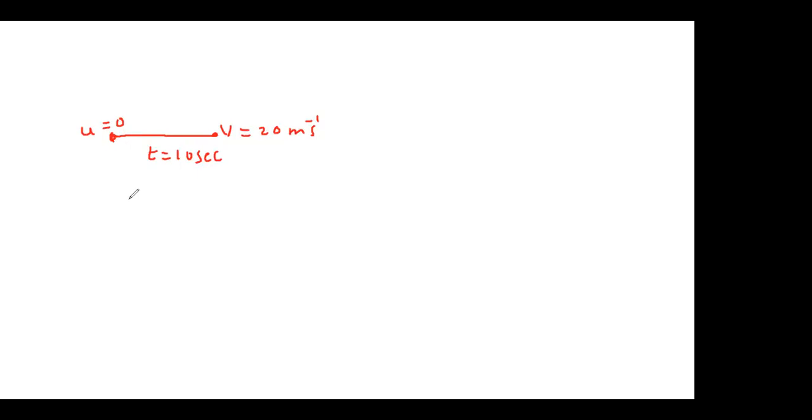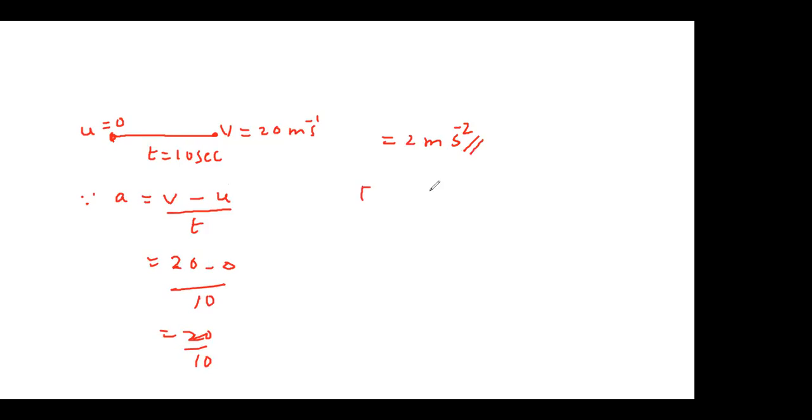Yes. First we remember the definition: acceleration is change in velocity per unit time. V we got 20, start was 0, but this is for only 10 seconds. Therefore it is 20 upon 10, equals 2 meter per second square. So I got acceleration. Now force means mass into acceleration. Force is 100 kg times acceleration 2, equals 200 newton. Now solve.